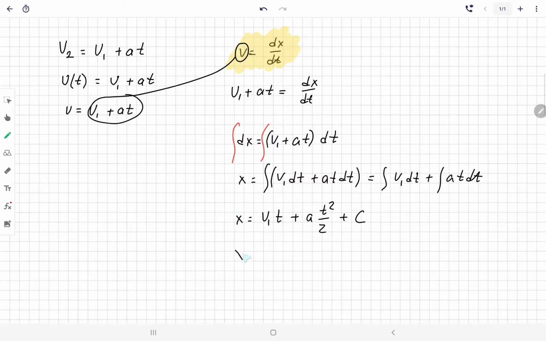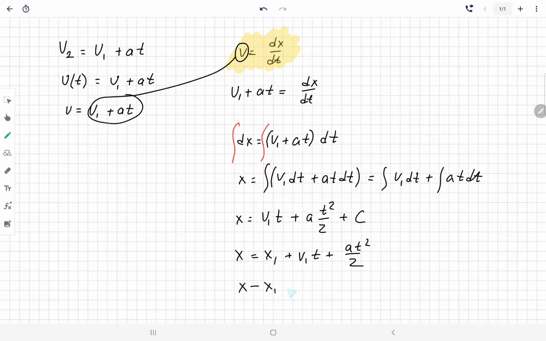Final position equal to c, which is a constant number in terms of math. Its physical meaning is initial position, so let's call it x1 or x0, it doesn't matter, plus v1t plus at square over 2. So don't forget, you can use this equation only for motion with constant acceleration.